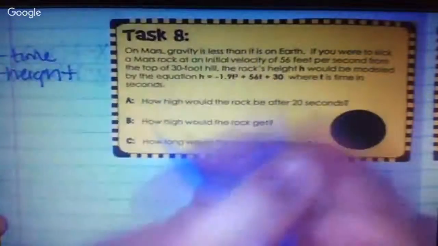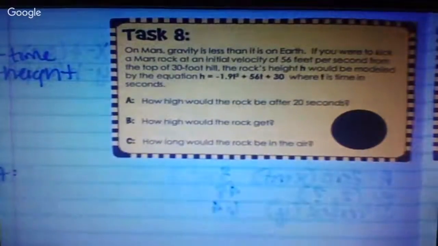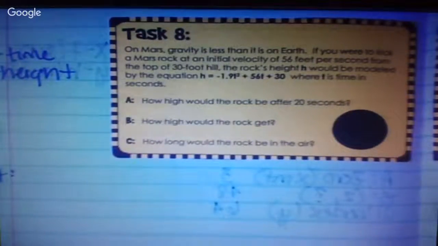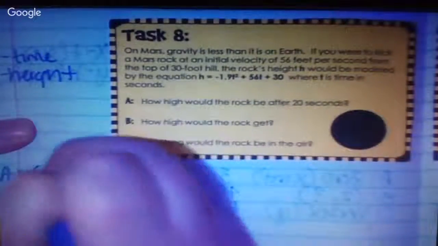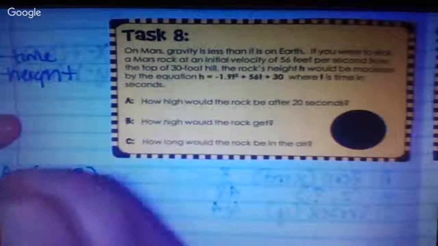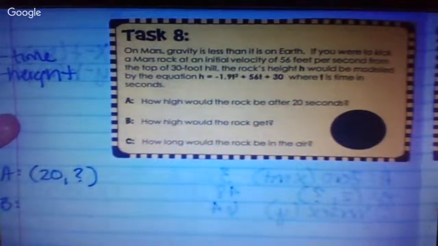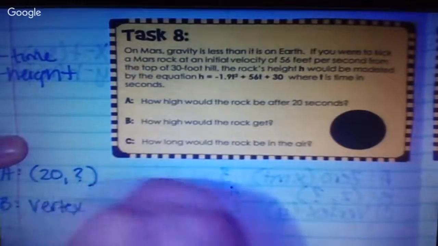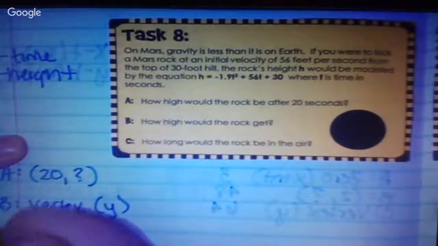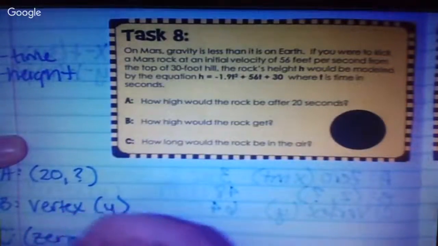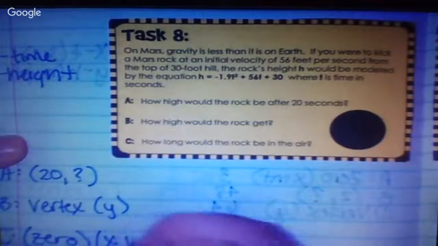A says, how high would the rock be after 20 seconds? So X is 20, and I need to know what my Y is. B says, how high would the rock get? That's the vertex and my Y. And C says, how long would the rock be in the air? That's y equals 0, or the x-intercept.